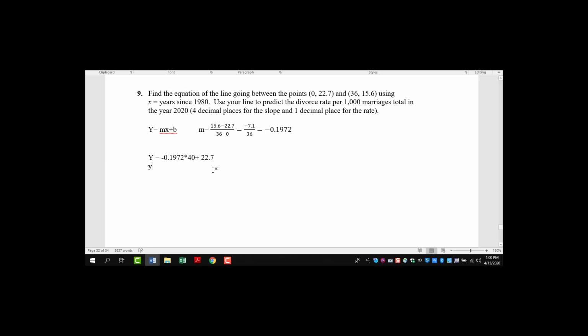And when I did that, I'm getting 14.8 rounded. So the ordered pair would be the year, that's 2020, and 14.8 would be our extrapolation of what the number of divorces will be, 14.8 for 1,000 marriages.